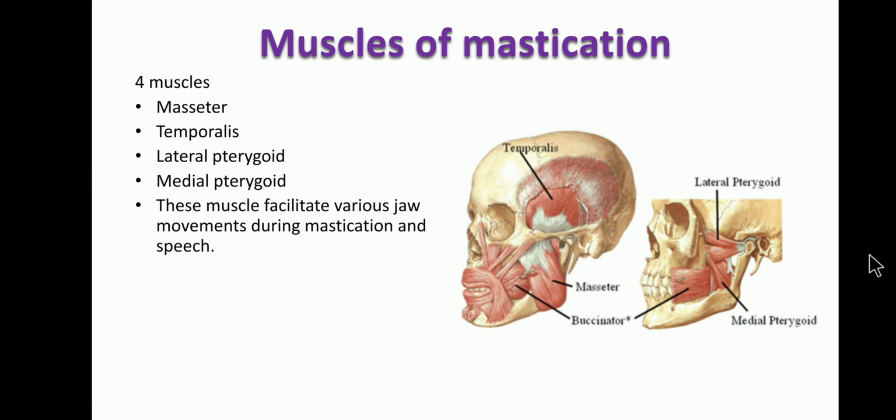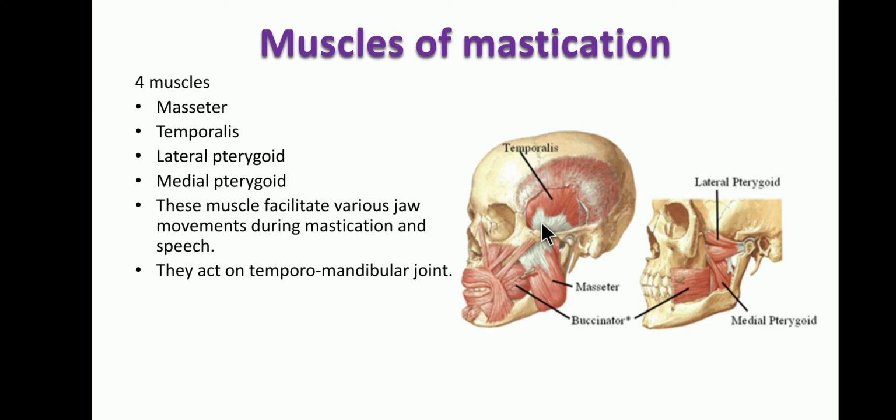In the same way, the lips are essential, and the third one is that even the jaw movements are very much necessary. Without moving our jaw, it is not possible to speak. As I told you, they act on the temporomandibular joint and bring about the various movements of the mandible.